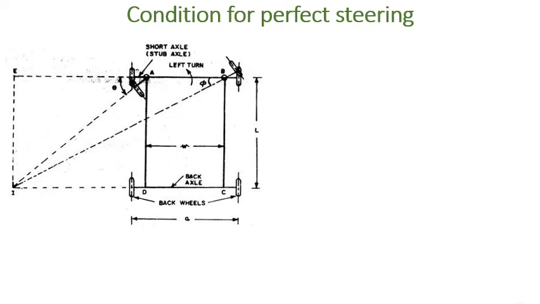In the diagram we can see the front wheels turning about an instantaneous center, and this instantaneous center is passing through the axis of the back axle.